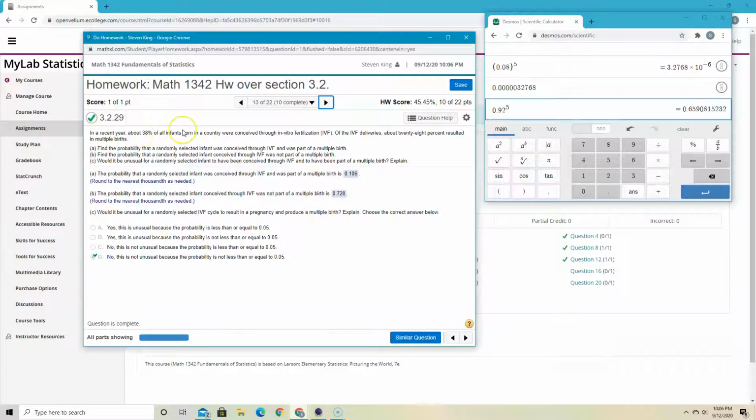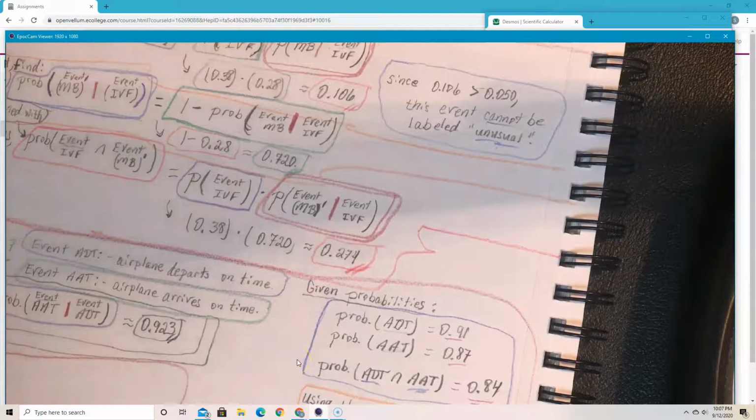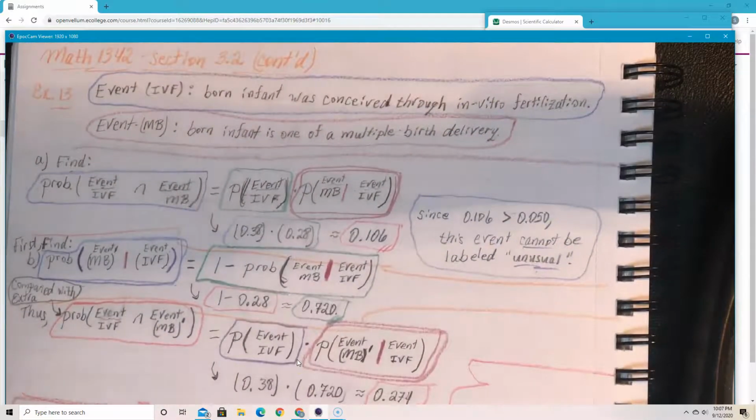So, event, infant born that was conceived through this in vitro fertilization process, I called it event IVF. A person can call it anything else. In vitro fertilization.